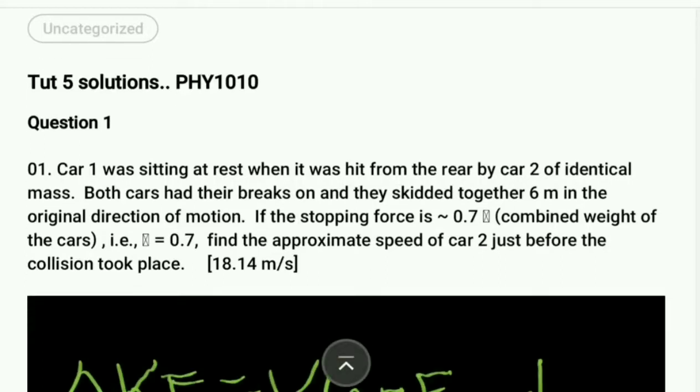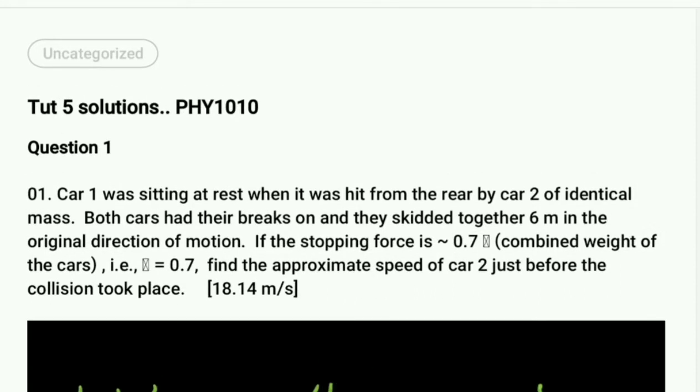Okay, so question 1 here, basically what it's saying is that there is one car, which is going to be our first car, which is at rest, and then there's another vehicle coming from behind.